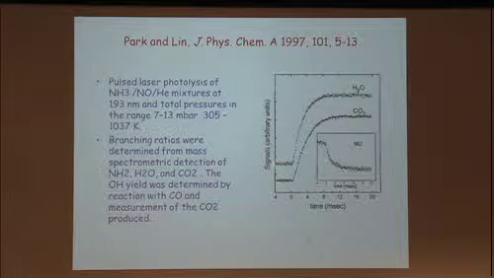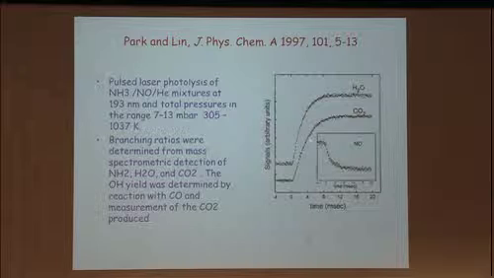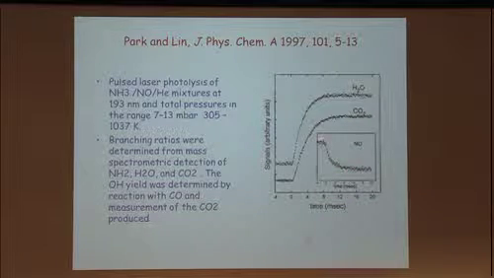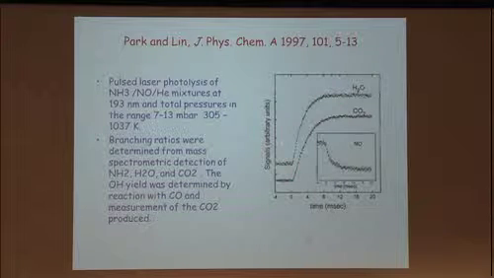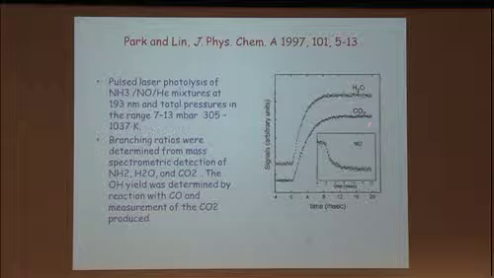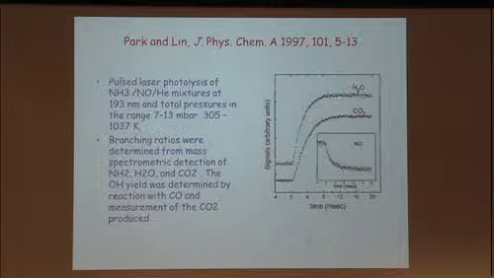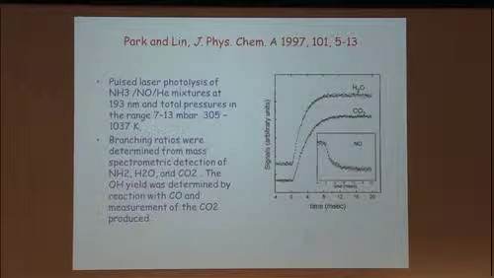And so this shows the profiles of water and CO2, and this is the NO decreasing. So you've got NO decreasing and the products, water and CO2, going up here. And the CO2, because of the presence of CO, is a probe of the radical channel leading to OH formation.